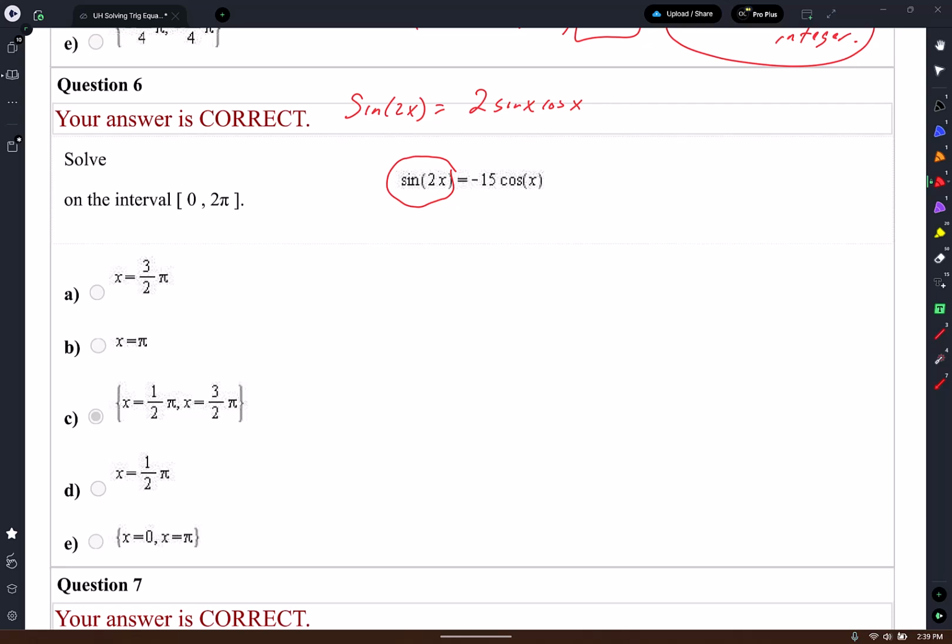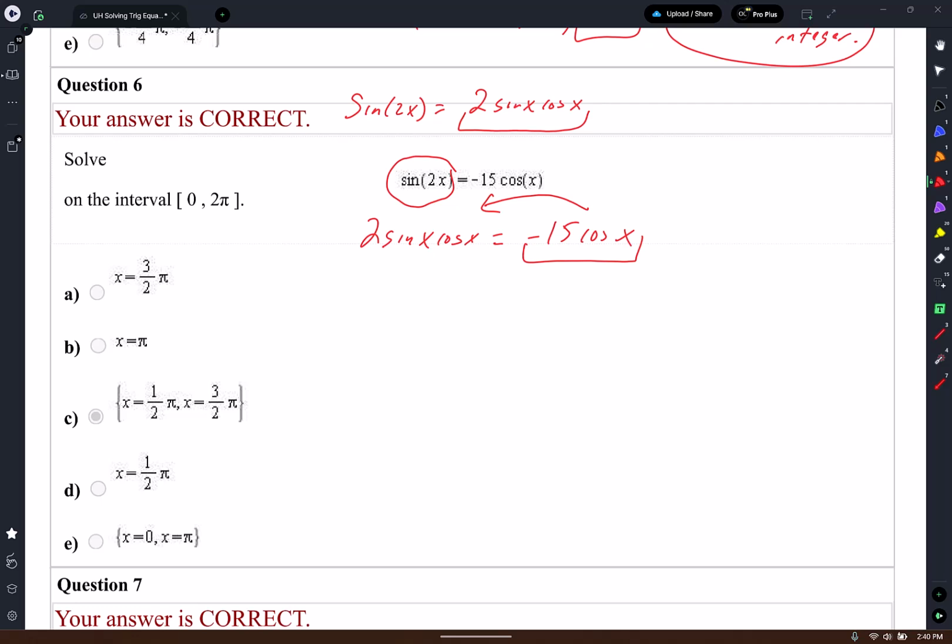All right, here we go. Substitute. 2 sine x cosine x, that's what sine 2x is, it's a double angle, equals negative 15 cosine x. Are you okay? Take this negative 15 cosine x and move it to the left. Chuck, why are you doing that? Because you want to equal it to 0.